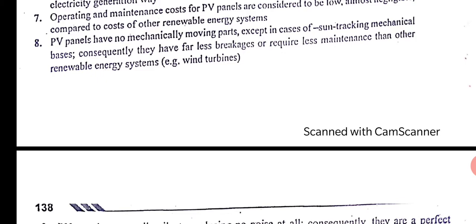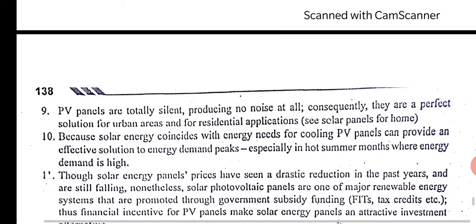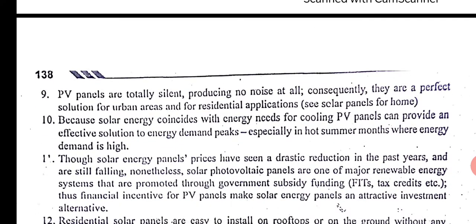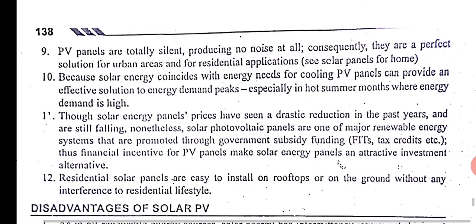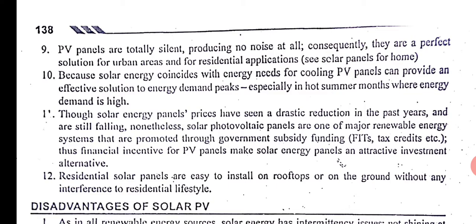There are no mechanical parts in solar PV, except for sun tracking. Sun tracking means the solar photovoltaic films change their positions as per the sun to absorb the maximum amount of energy and produce a large amount of electricity.